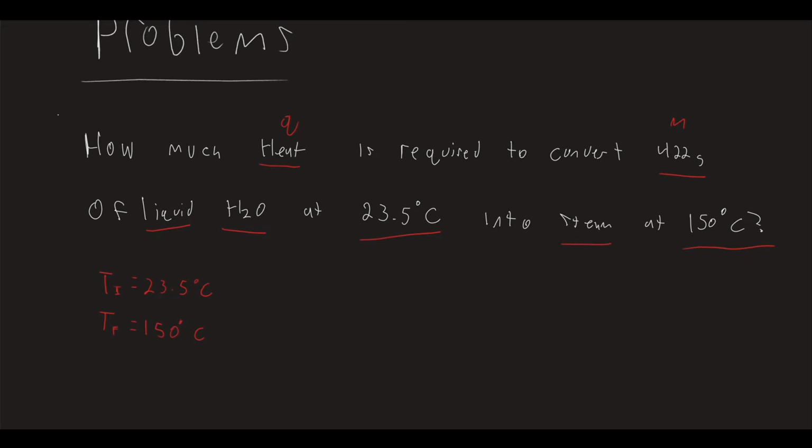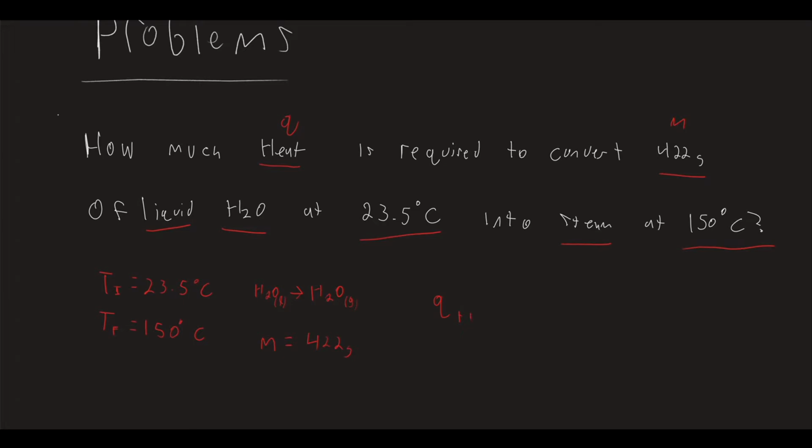We also have a state change. We have H2O in the liquid state going to H2O in the gaseous state. What other information we have? We have the mass, which is 422 grams. And we want to find out the total amount of heat.